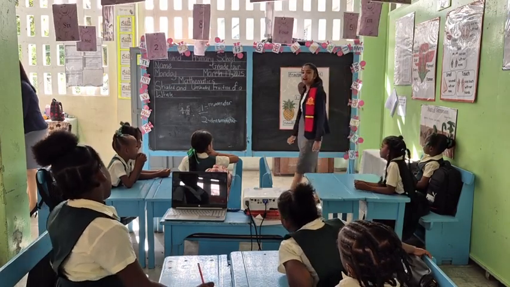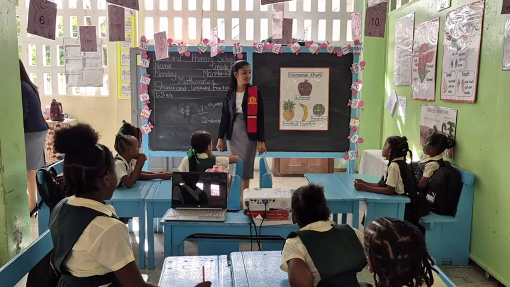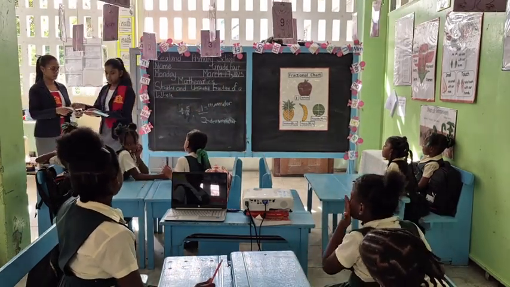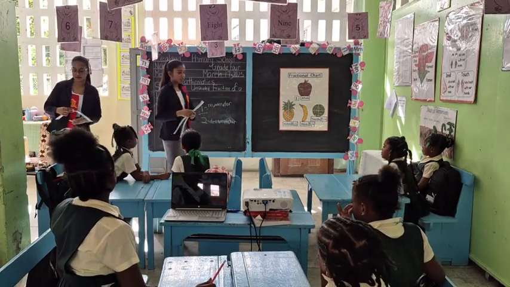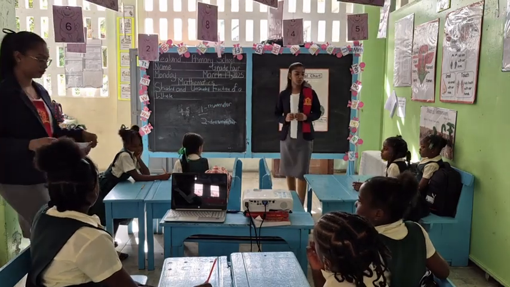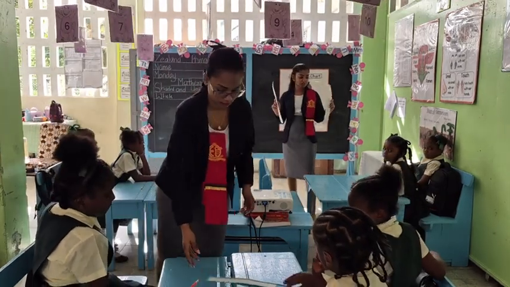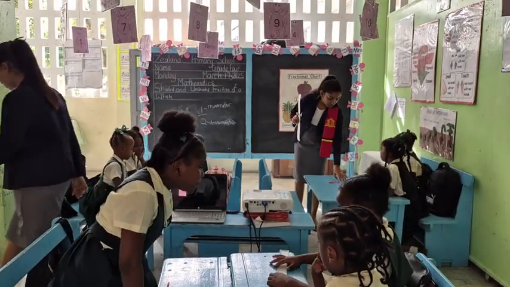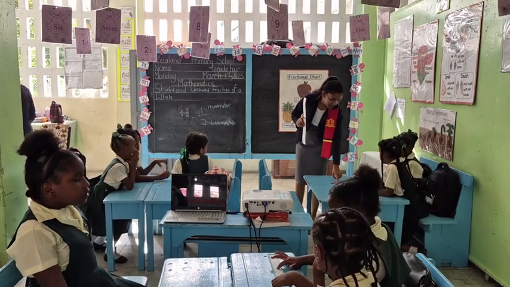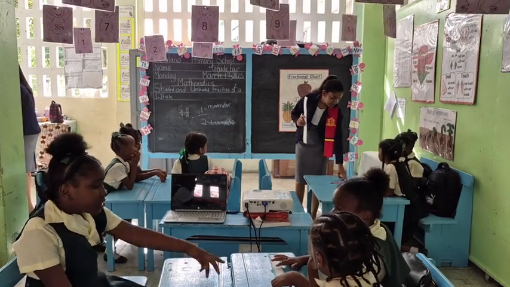So I have a little activity for you to do now, right? Good. So I have 3 groups, right? So each group would have a different fraction bar, right? So you will tell me in this activity how much shaded parts of a fraction, right?